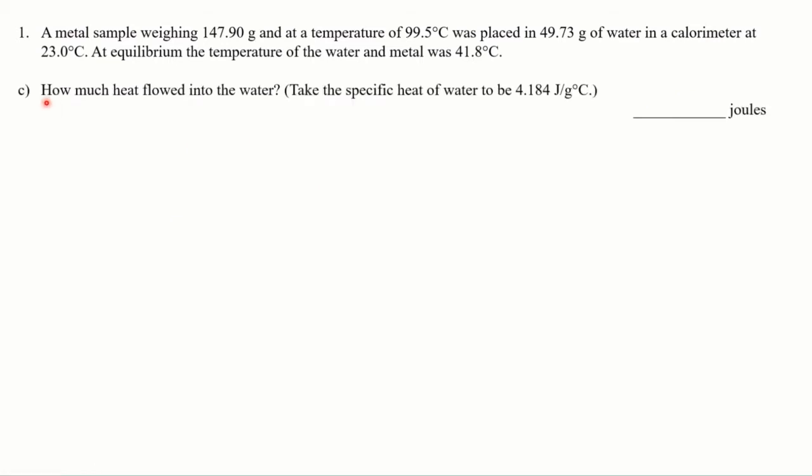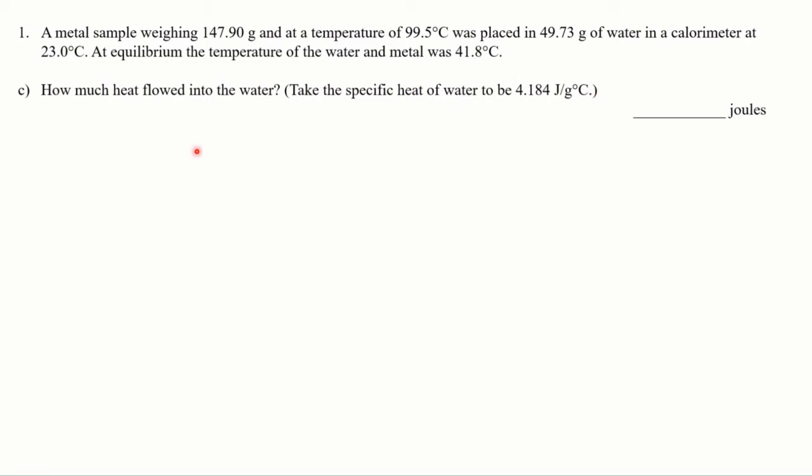Part C says how much heat flowed into the water. And here it says take the specific heat of water to be 4.18 joules per gram per degree. I changed from what the lab manual asked, and I made the specific heat into 4 significant figures, so it's 4.184 joules per gram degree.